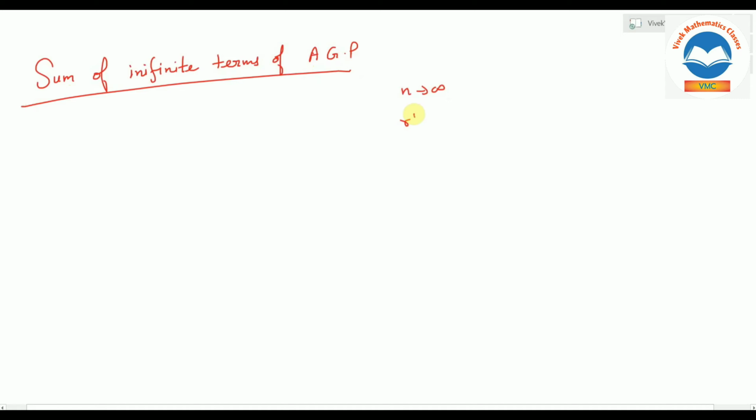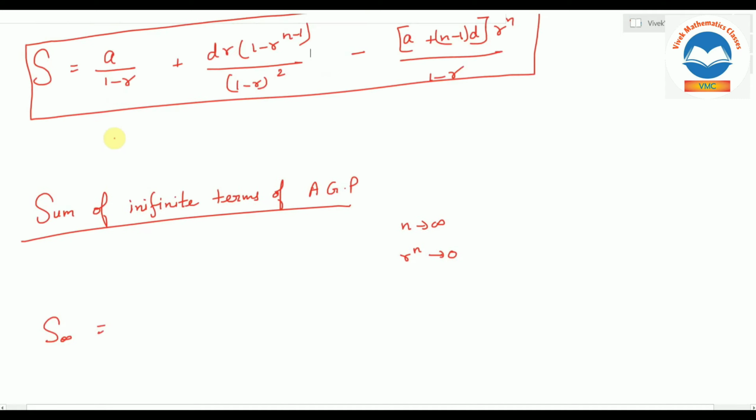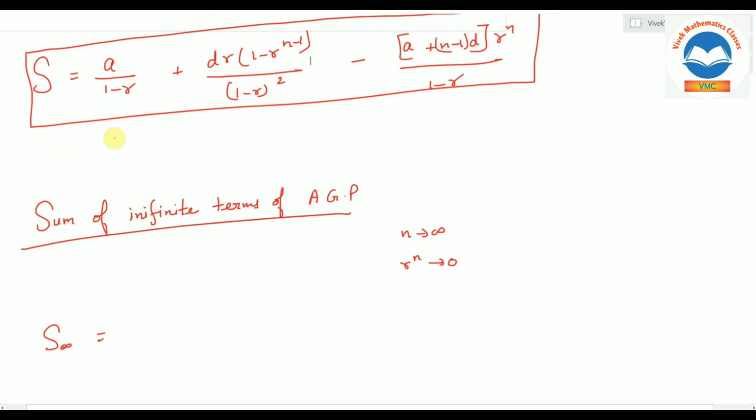It means r to the power n will be tending towards 0. Okay, so what will be our S infinity? In this previous formula, r to the power n will be 0 and r to the power n minus 1 also will be tending towards 0.